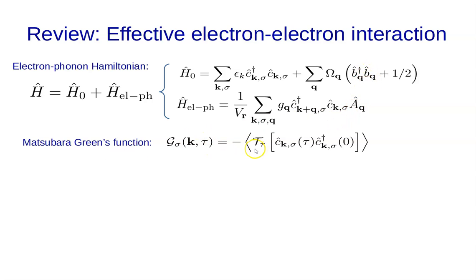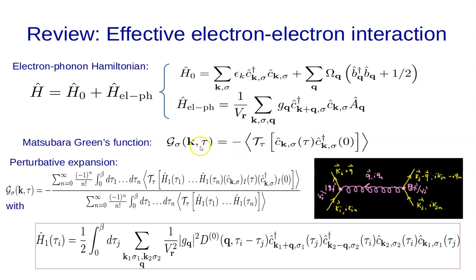All right. And then we proceeded to calculate the Matsubara-Green's functions for the electrons, for the electron spin sigma, momentum K, defined as this. And we realized that we could write this as a perturbative expansion when we move into the interaction picture, where the interaction would be mapped from this electron-phonon term into an effective quartic term.